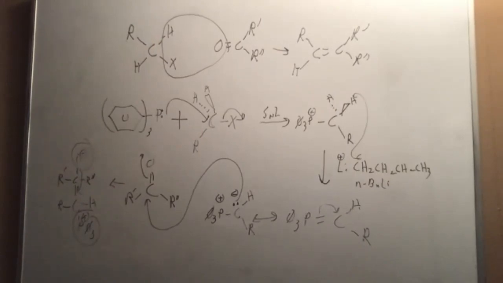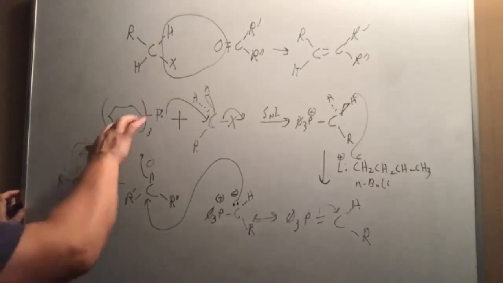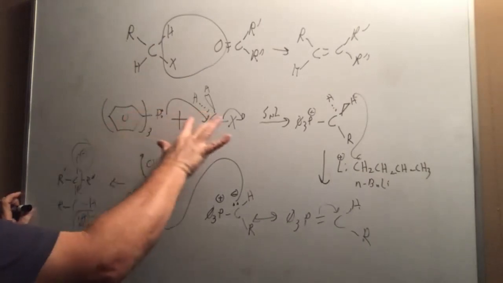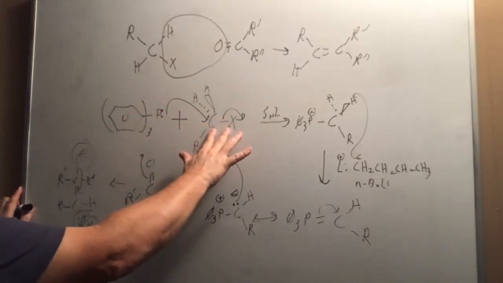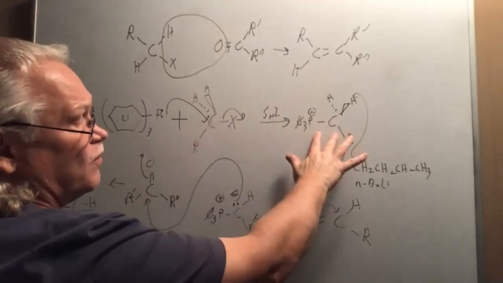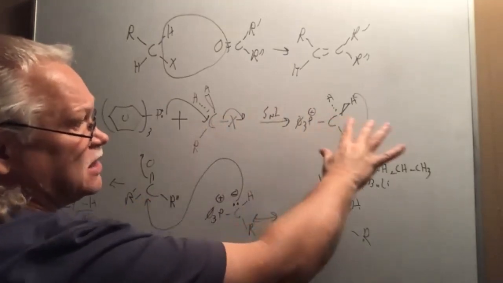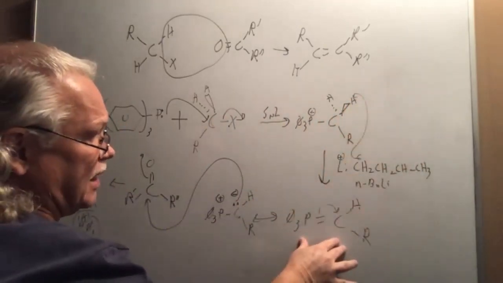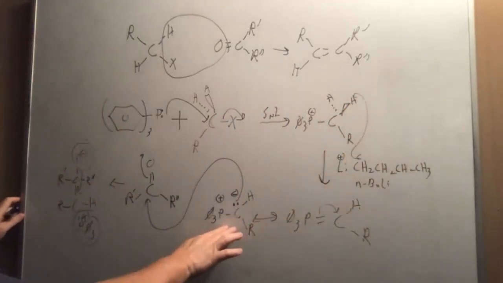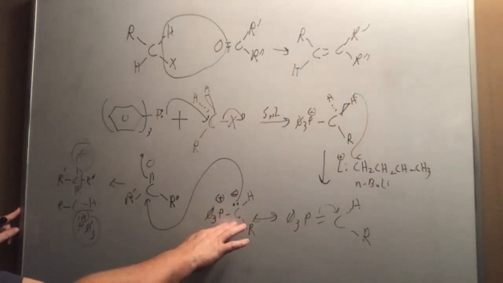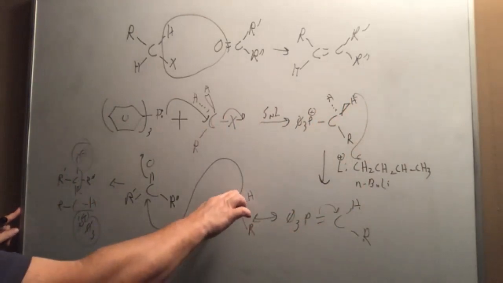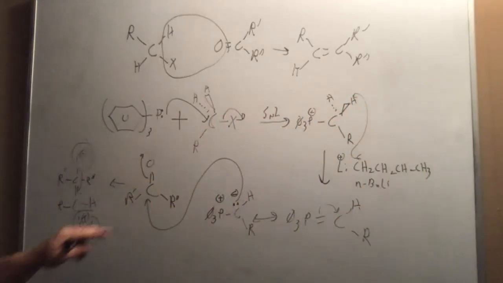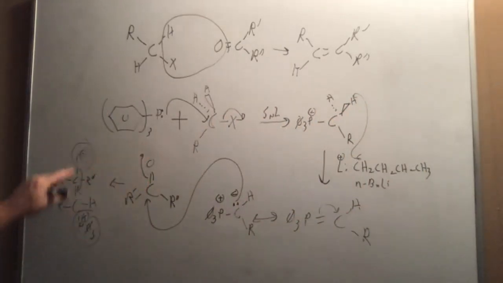So notice the mechanism. Let me go through this again. This reacts with the alkyl halide in a backside attack to form this. This gets deprotonated by the N-butyl lithium to form this, which is basically a positive and a negative charge here. The negative comes in, backside attacks, kicking the oxygen off, and then the positive and negative get together and leave.